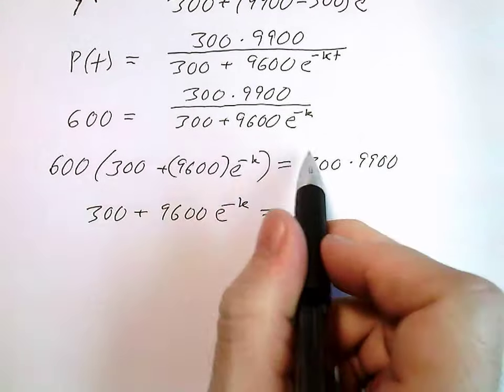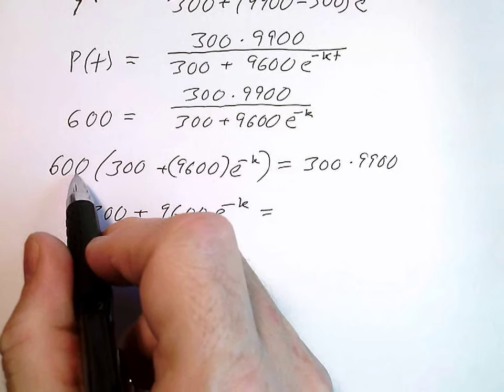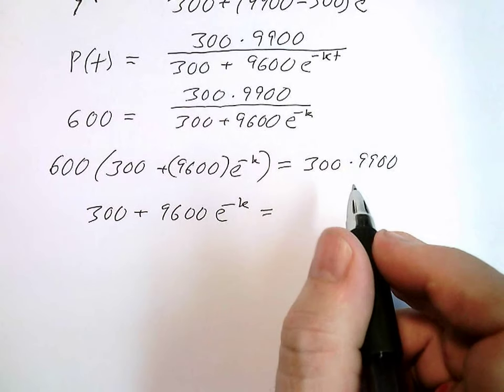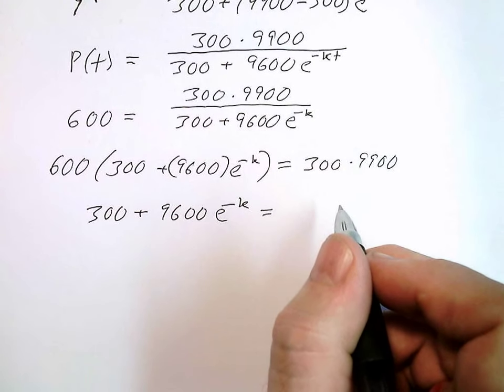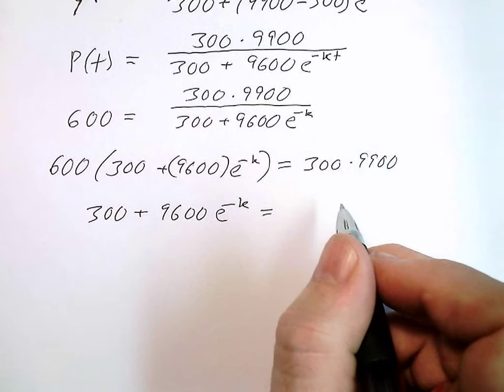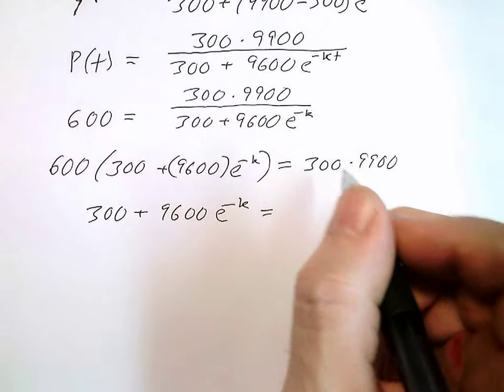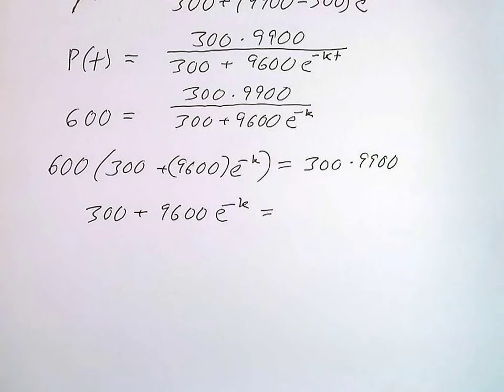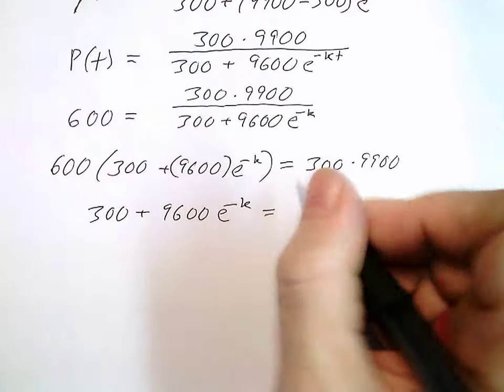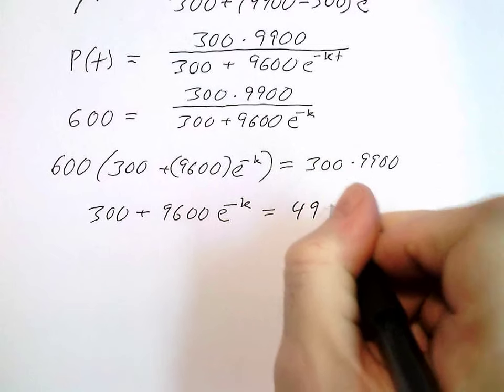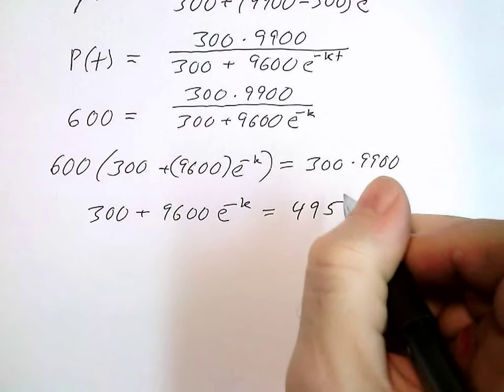And here I'll get 300 over 600 is a half times that. So 9,900 divided by 2 is 4,950. So I get 4,950 here.